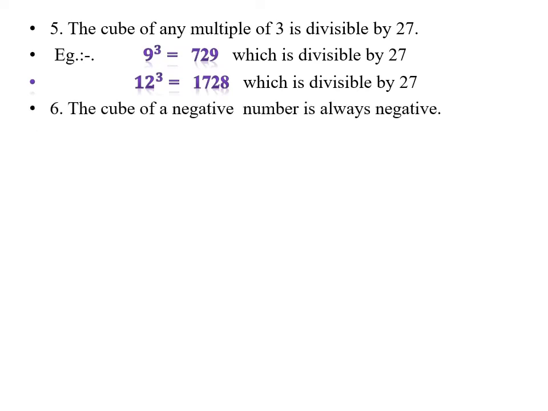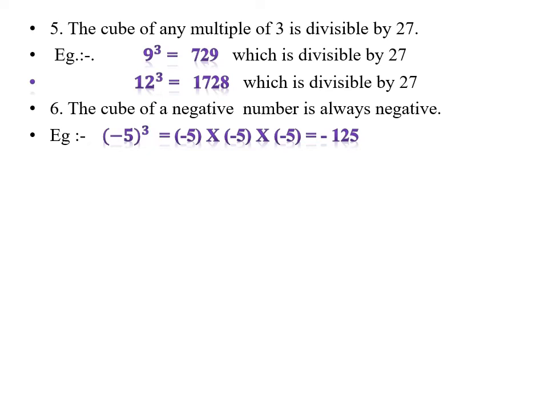The cube of a negative number is always negative. This is not the case for square numbers, because there whether you take negative or positive, your answer is always positive. But in cube, if you take a negative number and its cube, the answer is always negative. See the example. Here we have taken minus 5 cube.